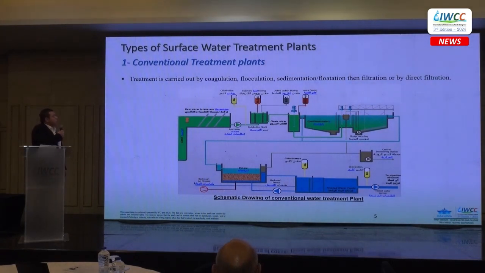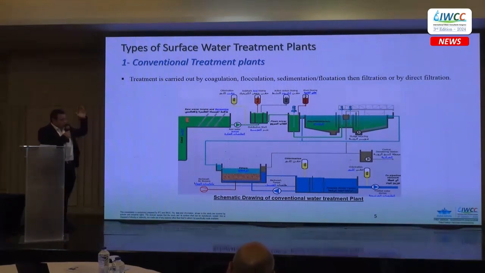We could classify surface water treatment plant to conventional water treatment plants. The treatment technique here is by coagulation, flocculation, sedimentation, or flotation, then filtration, or by direct filtration. And this schematic diagram for conventional water treatment plant consists of intake, water pump, distribution shaft, clarifier, sand filter, and so on.